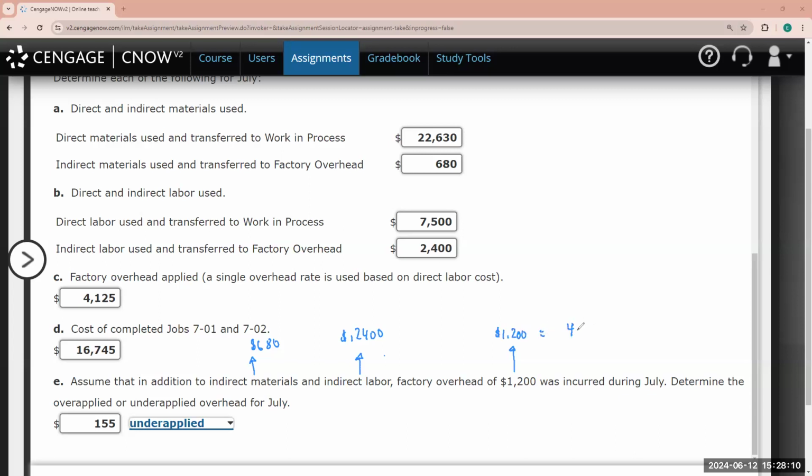So we spent 4,280, but we only budgeted for 4,125. Therefore, we spent $155 more. So the factory overhead was under applied. We budgeted for less than we actually spent.